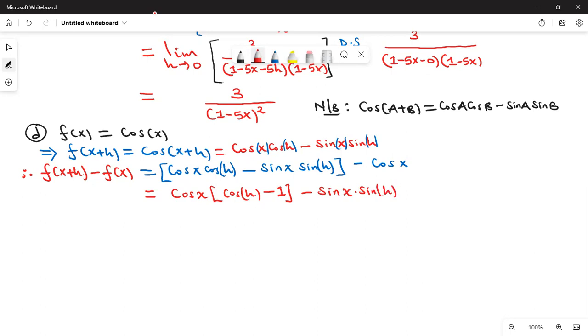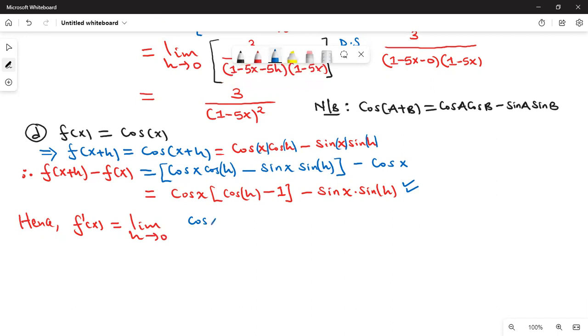So now, how do we find f prime of X using the formula? Hence, f prime of X will be equal to the limit as H approaches 0 of our numerator. Let me use another color.